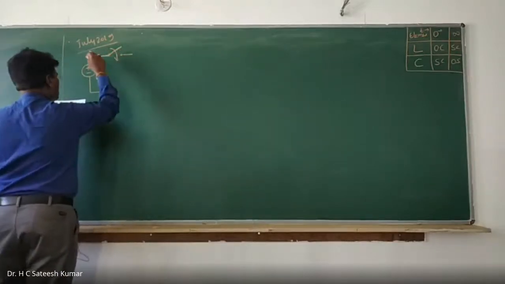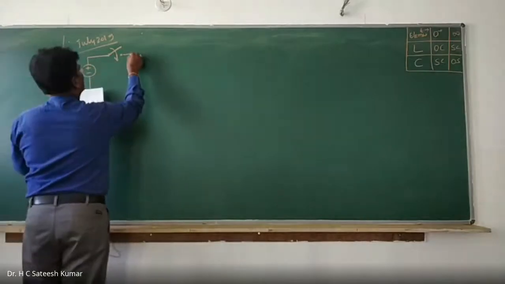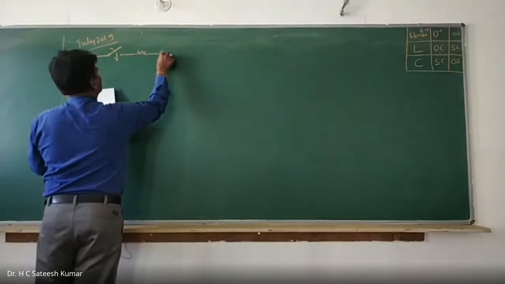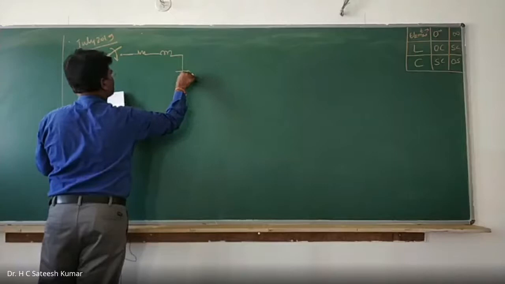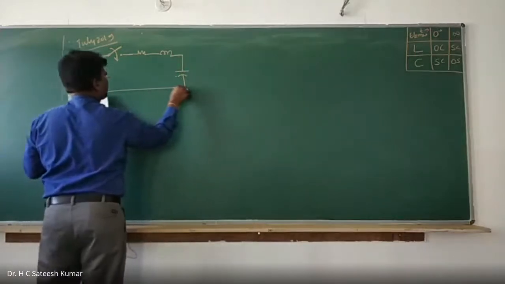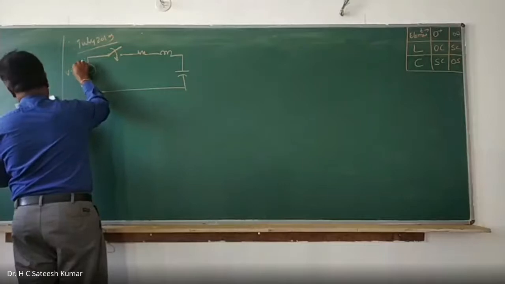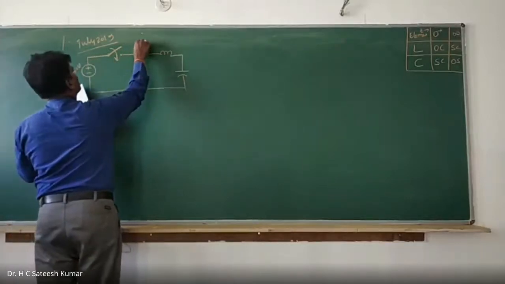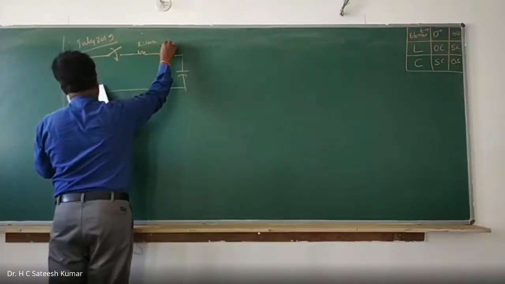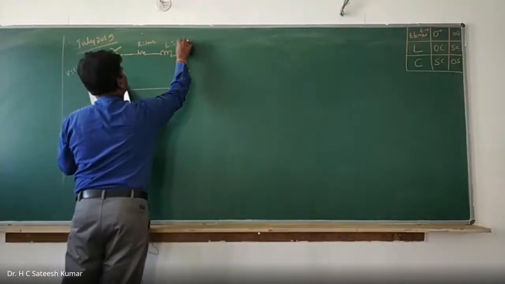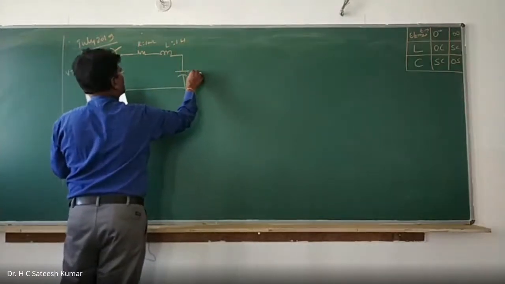Initially it is open, then it is closed. A resistor is there, an inductor is there, a capacitor is there. V is equal to 10 volts, R is equal to 10 ohms, L is equal to 1 Henry, and C is equal to 1 microfarad.